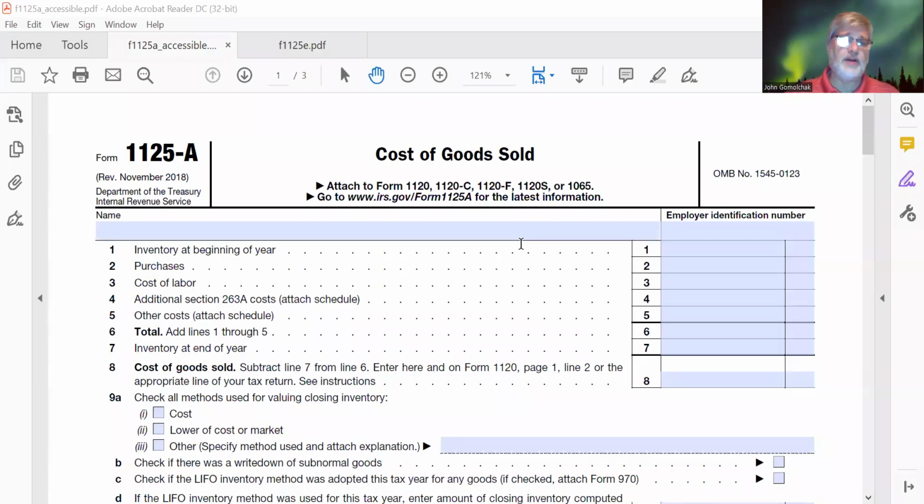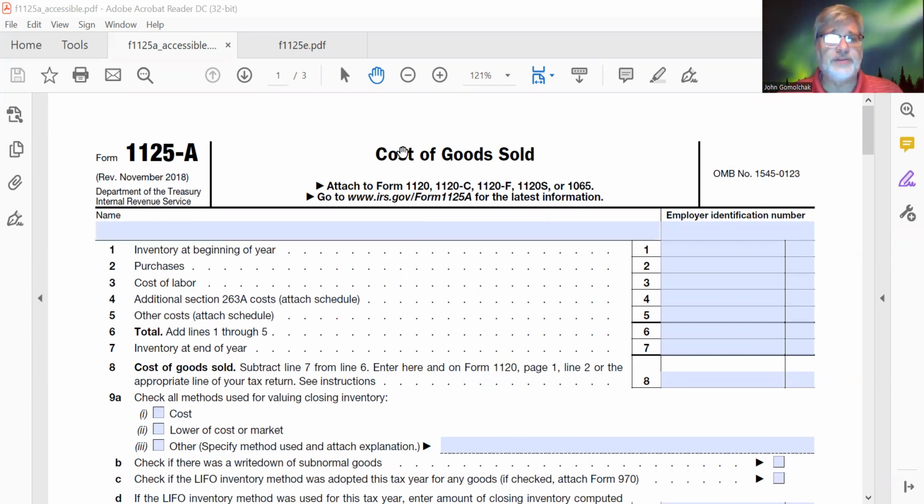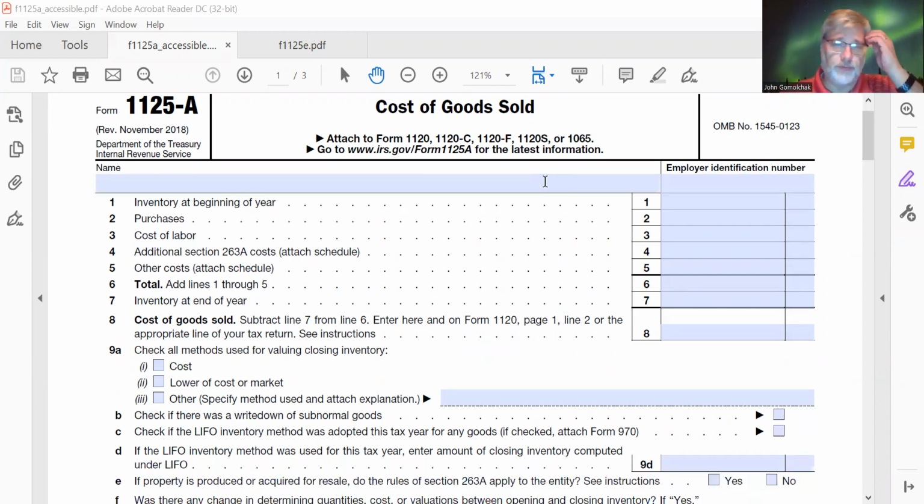Okay, so this is the 1125A, cost of goods sold. This is for, as it says on the form here, attached to Form 1120, 1120C, 1120F, 1120S, 1065. So this form can be used in a variety of different places. But anyhow, this is the cost of goods sold form.